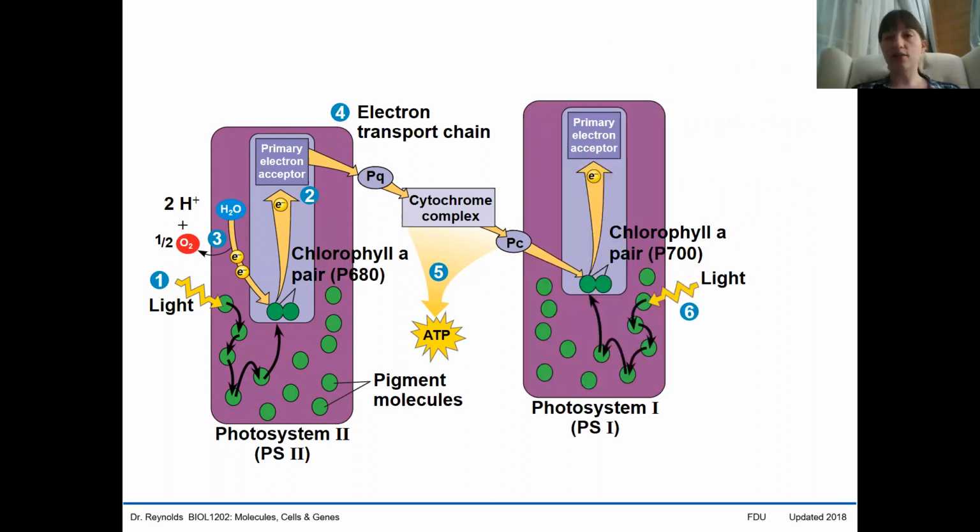Those electrons, once they've gone through the electron transport chain, are donated to chlorophyll A. So the terminal electron acceptor in this case is actually another photosystem.